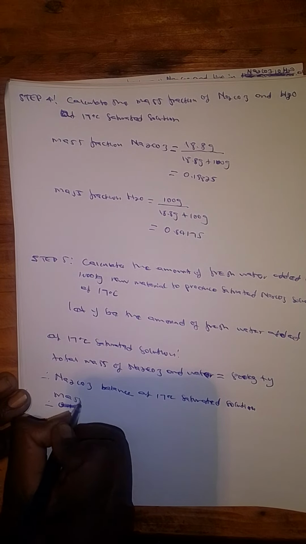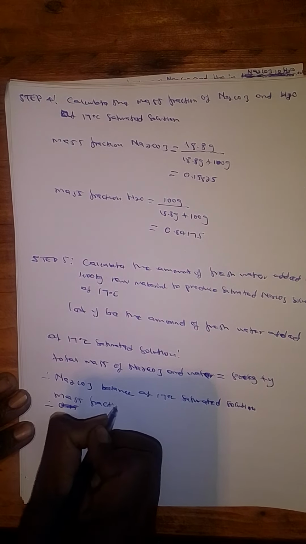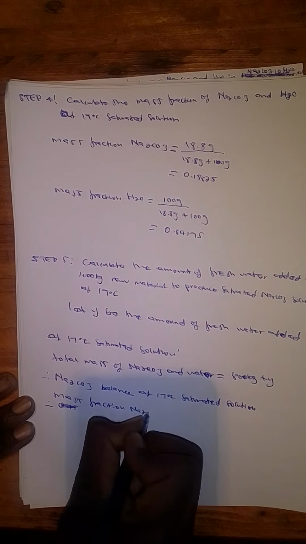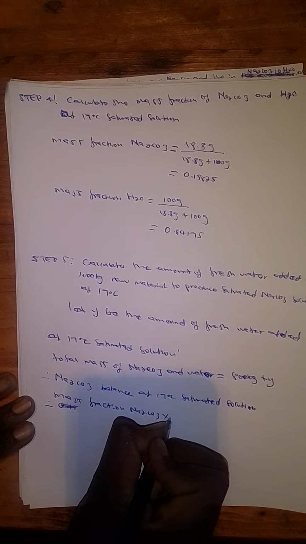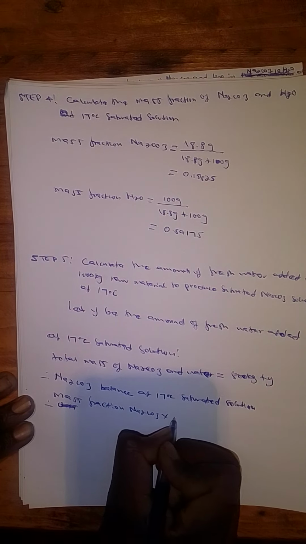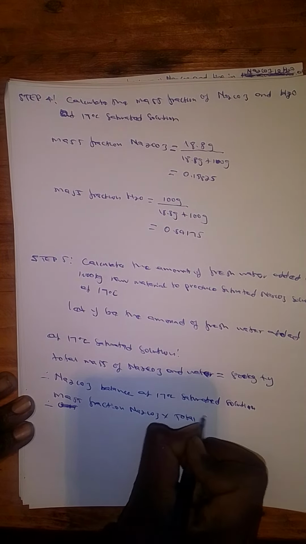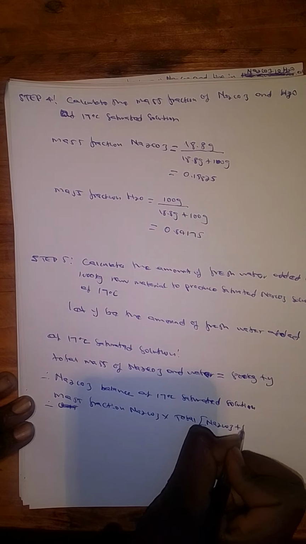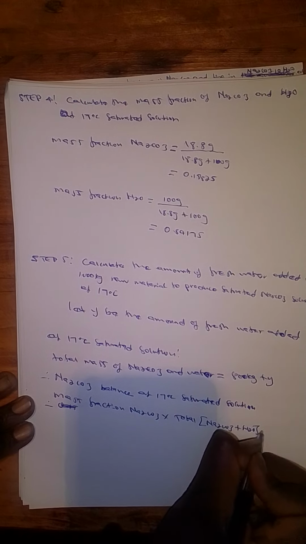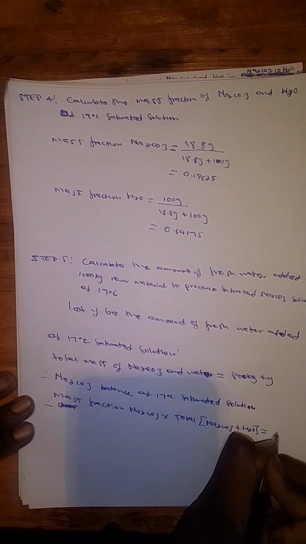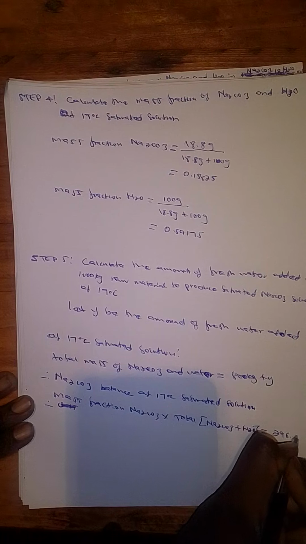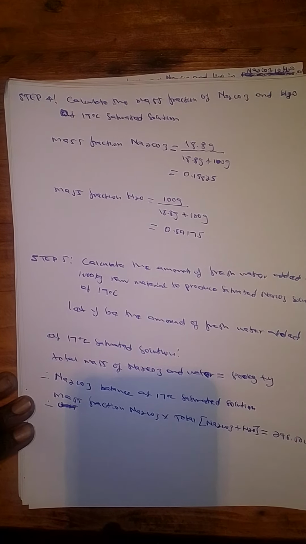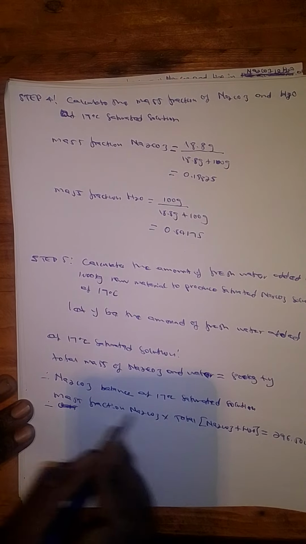Let me say mass fraction Na2CO3 multiplied by total Na2CO3 plus H2O is equal to 296.504 kilograms. So yeah, that is actually the mass balance.